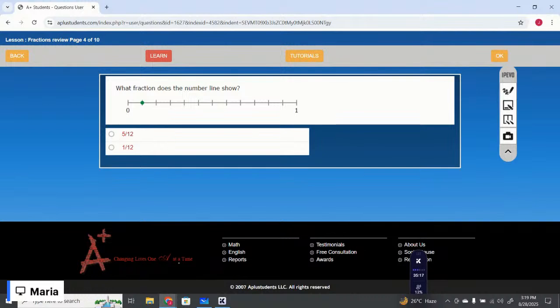That is 1 out of 12. Option number 2 is the correct option.